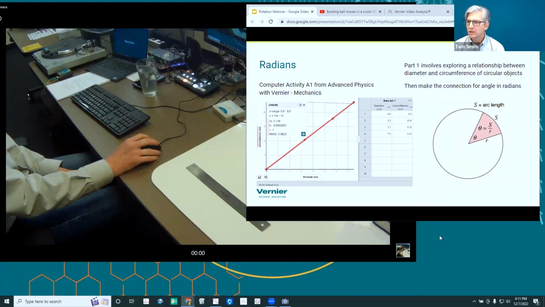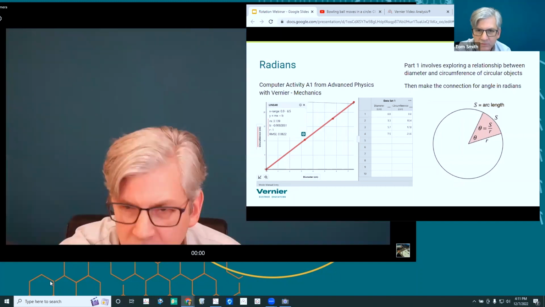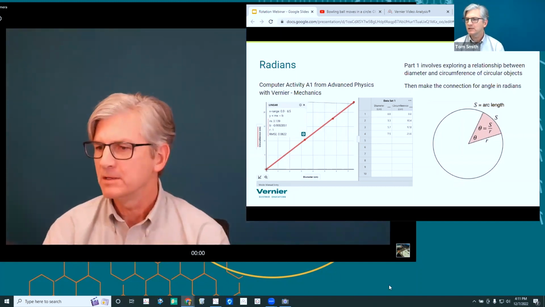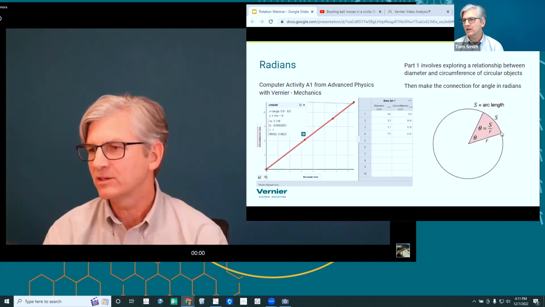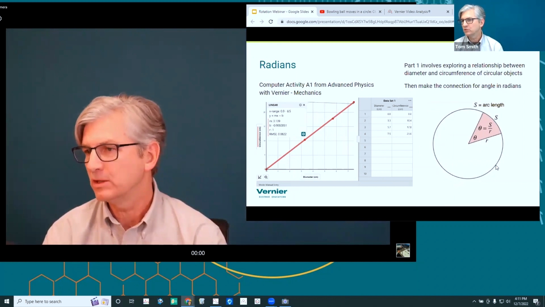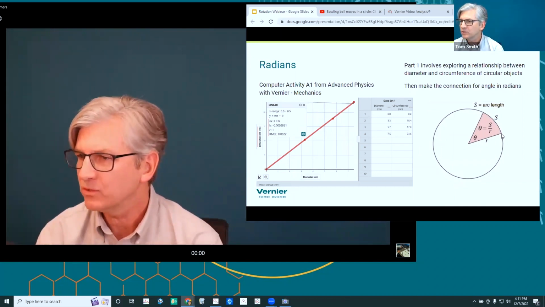Then take a little bit of time, let me switch back to this camera, to extrapolate to looking at a portion of the circle and recognizing that the circumference would be 2 pi times the radius.